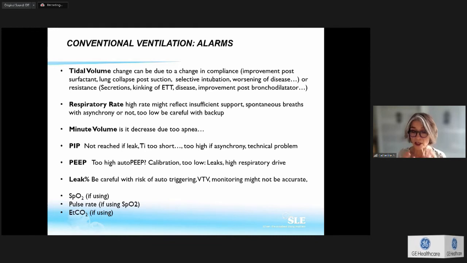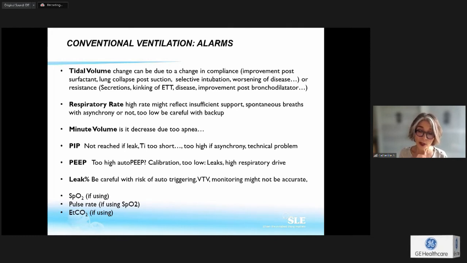If tidal volume is getting lower, maybe you have some lung collapse after suctioning. Or maybe tidal volume is going too high after surfactant because we didn't go down on the PIP, or a selective intubation, or your ET tube moved. The first parameter will be your tidal volume. So don't forget the tidal volume alarm, which is very important.